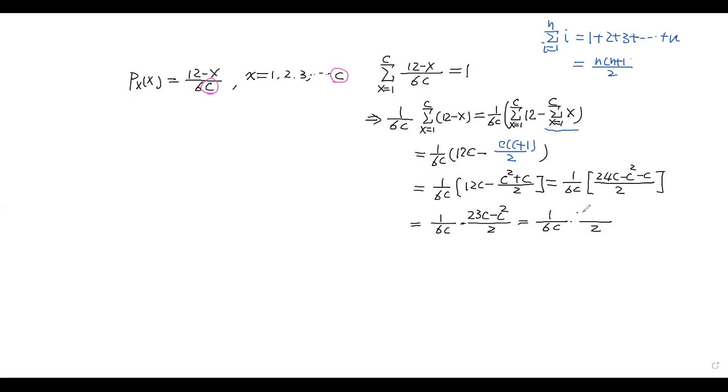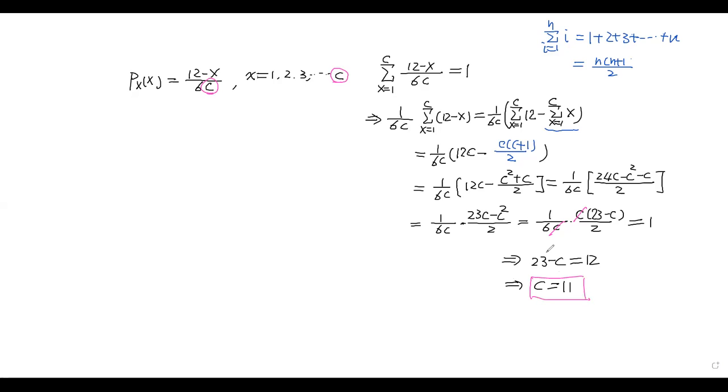I can take the C out, so this is C times (23 minus C). Then C and C cancel. And because this is a PMF, when you add the whole thing up it has to equal 1. So that's why 23 minus C has to be equal to 12. So what is C here? C is equal to 11.